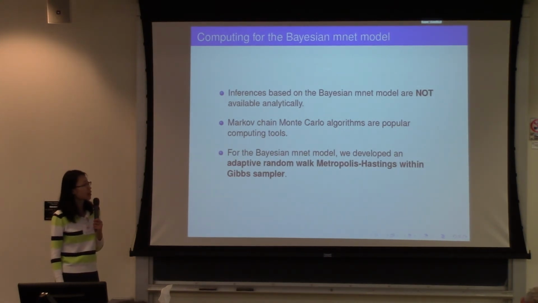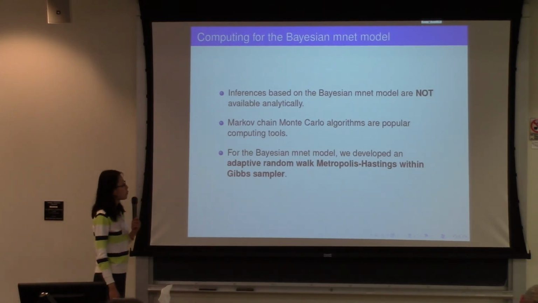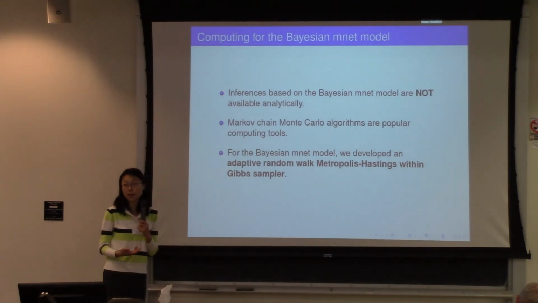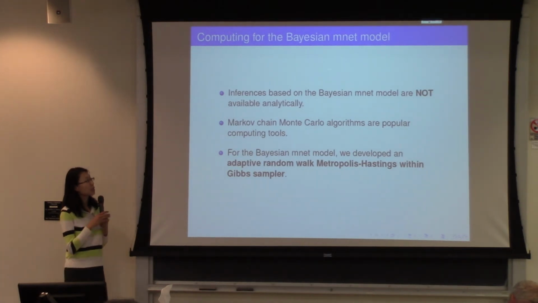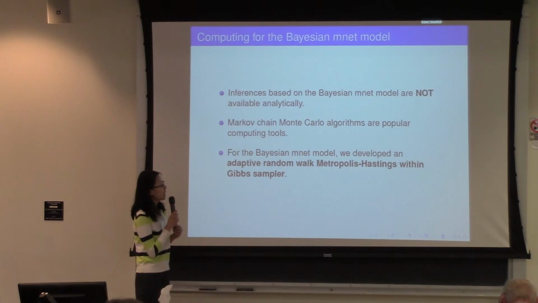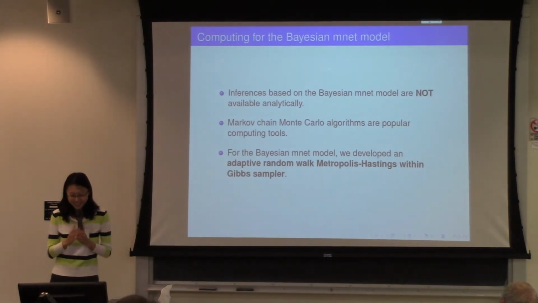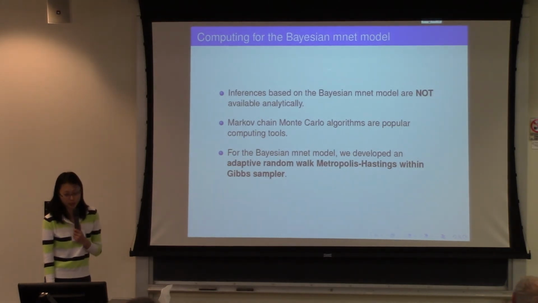Markov chain Monte Carlo methods are computer-based simulation methods that can help draw samples from the posterior distribution and help you evaluate or approximate integrals. We developed an algorithm belonging to the MCMC family called the adaptive random walk Metropolis-Hastings within Gibbs sampler, and that worked reasonably well for that problem.